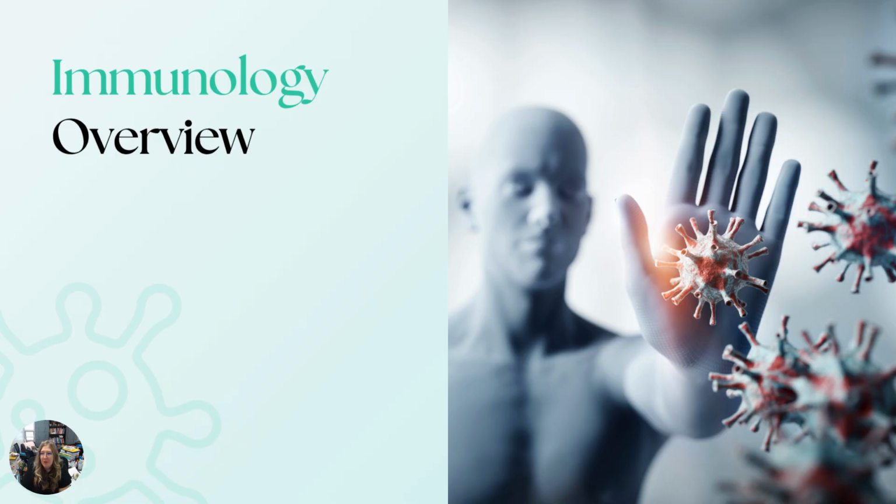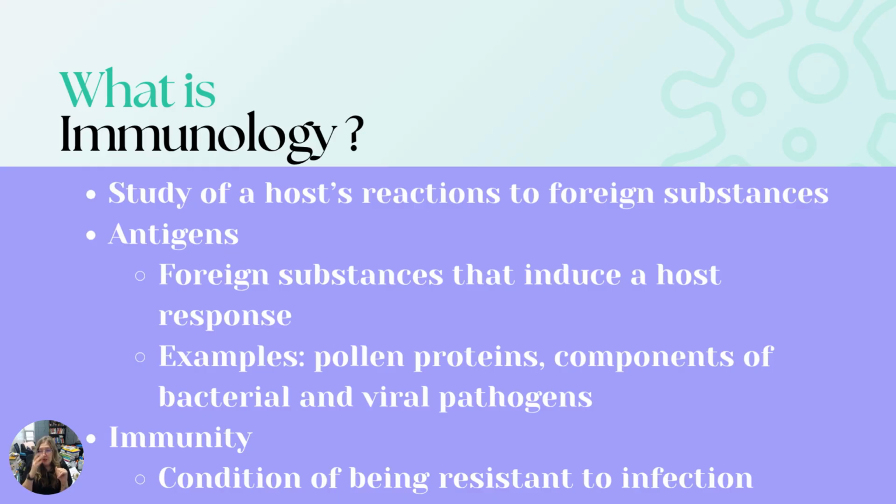So now we're going to move from the history into the system itself. As we go through this section, I really want you to keep one basic question in mind. If a microorganism enters the body right now, what happens next? And we're going to build that answer piece by piece. At its simplest, immunology is the study of how a host reacts to a foreign substance. One important term right here is antigen.